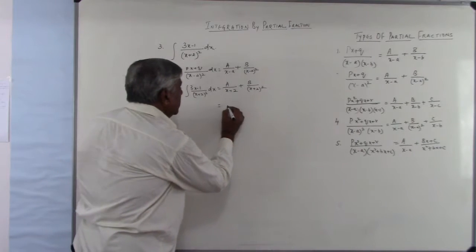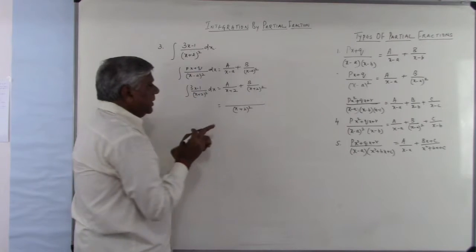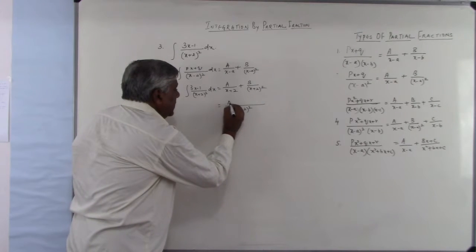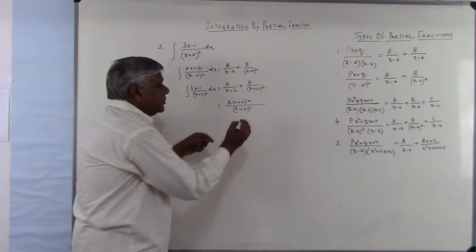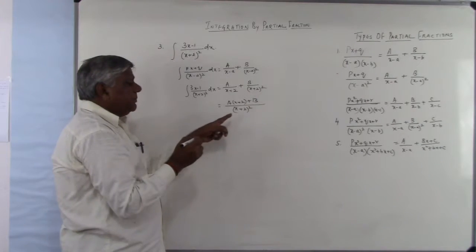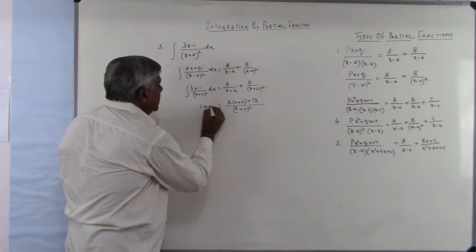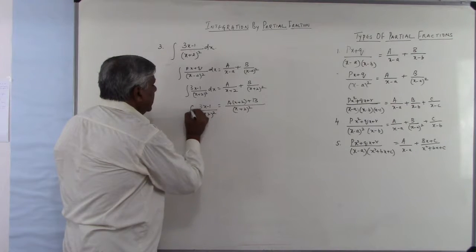Now this is equal to x plus 2 whole square. Now one x plus 2 cancels here. So you get a into x plus 2 plus b over x plus 2 whole square, it is only b.